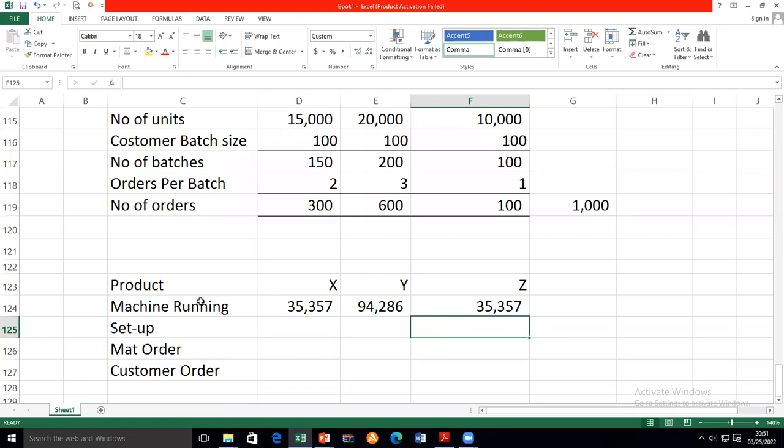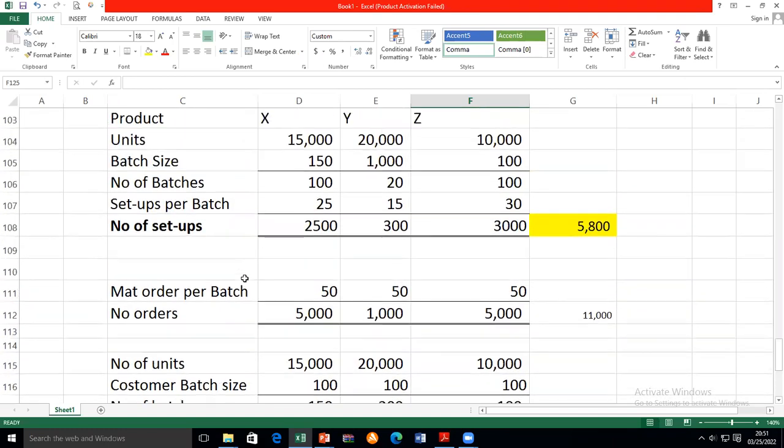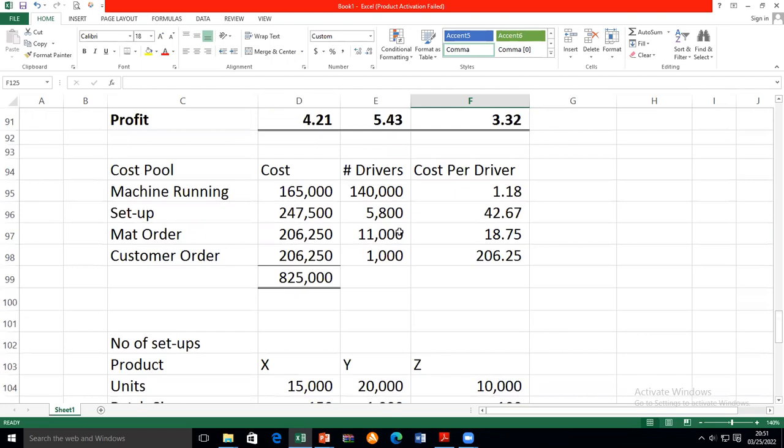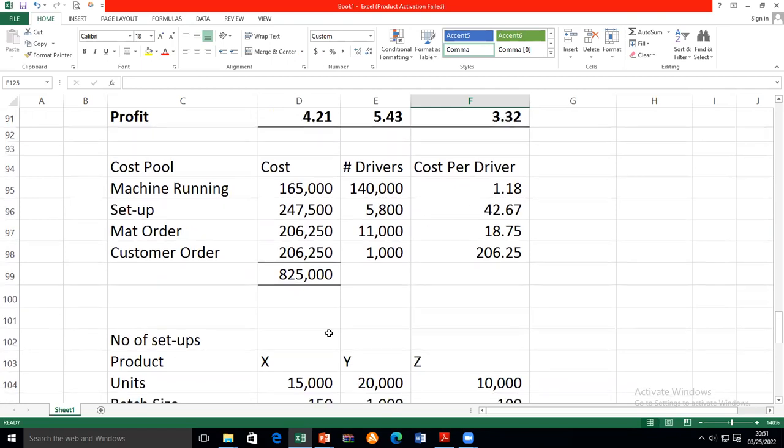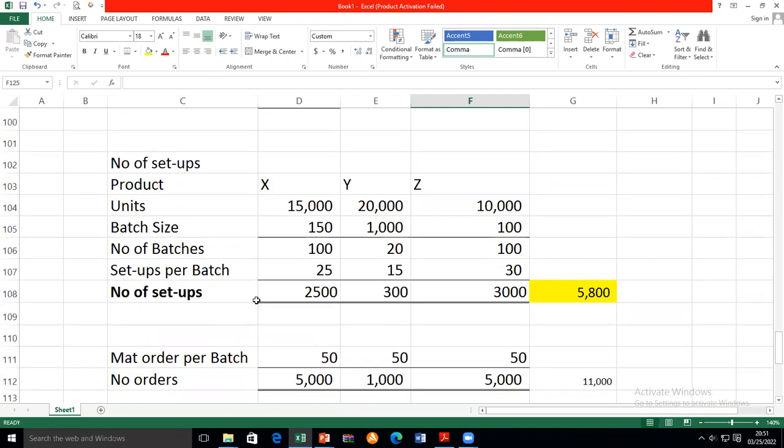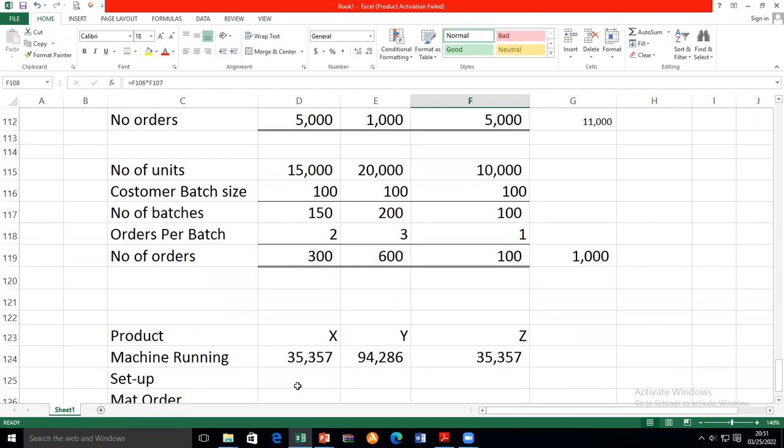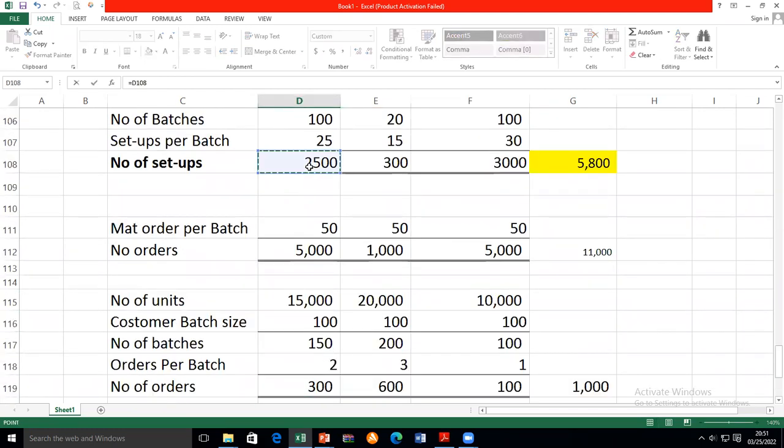Let's absorb on setups. We have the cost per each machine setup. Now let's go. How many setups? Here, how many setups? 2, 5, 300, and 3,000. So you pick 2, 5.